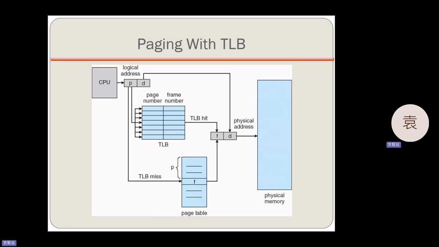We call this a TLB hit if we can find the logical page number in this TLB cache. The corresponding frame number will be automatically pushed out and replace the physical address part. If the TLB does not hit, then we call it a TLB miss.